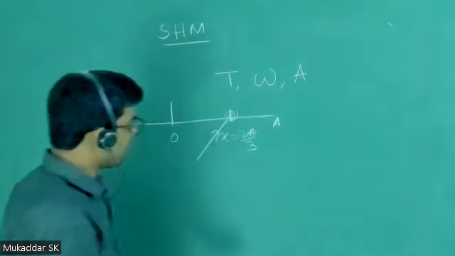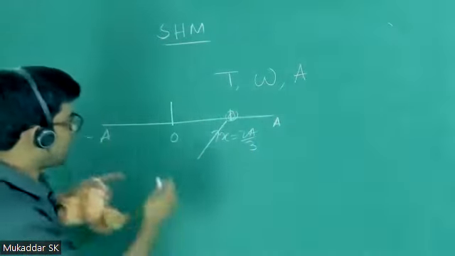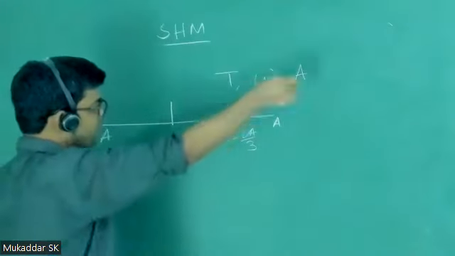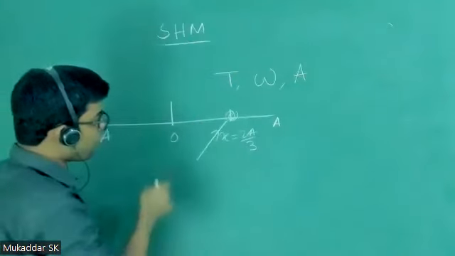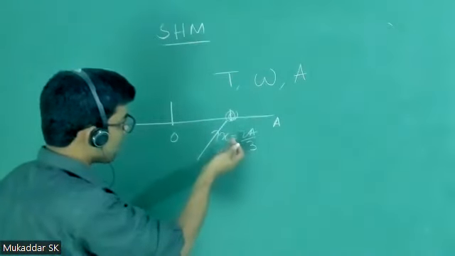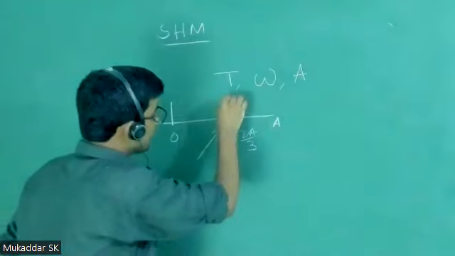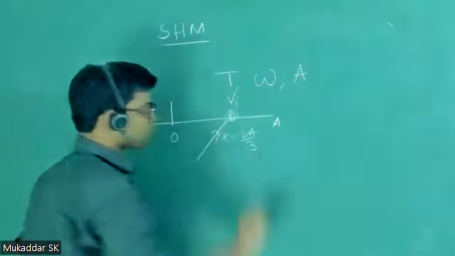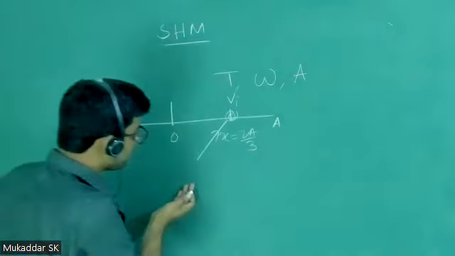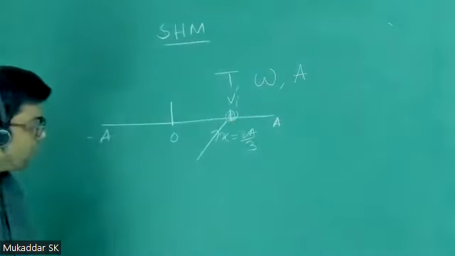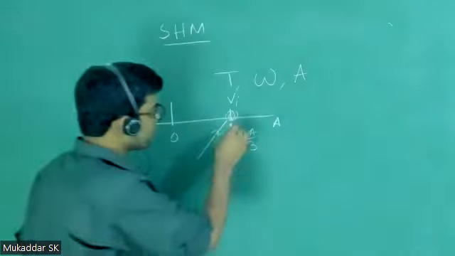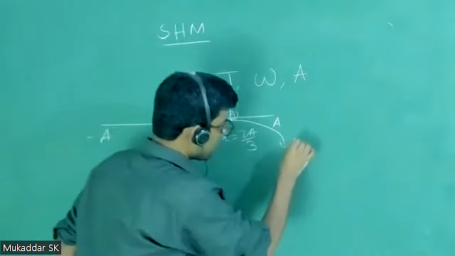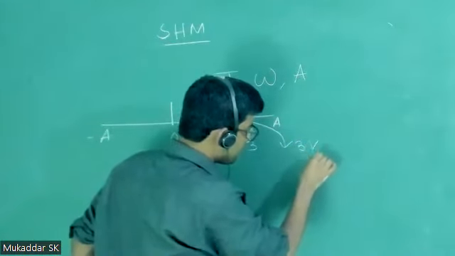Suppose initially, when no force was acting on the body at x equals 2a by 3, the velocity is vi. Now there is a sudden thrust on this body, and that makes the speed of the particle 3 times the initial speed.